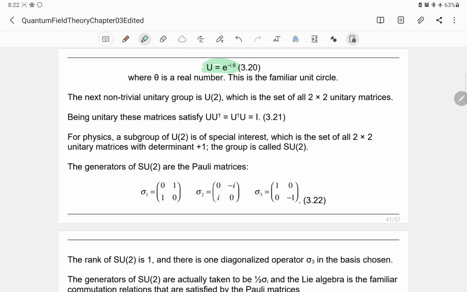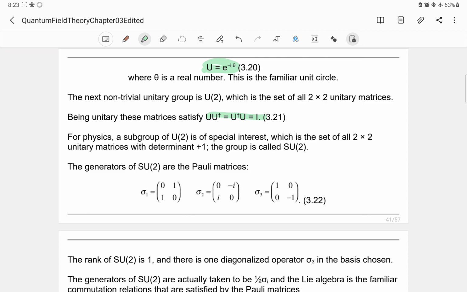The next non-trivial unitary group is the group U2, which is the set of all 2 by 2 unitary matrices. Being unitary, these matrices again satisfy the identity: if you multiply U and its adjoint, or the adjoint U times U, you get the identity.